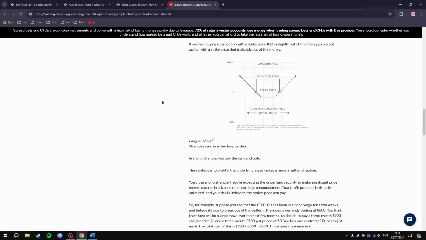It involves buying a call option with a strike price that is slightly out of the money plus a put option with a strike price that is also slightly out of the money.